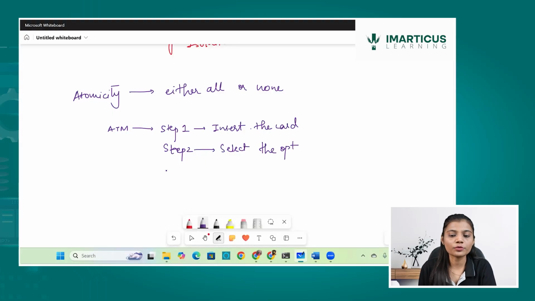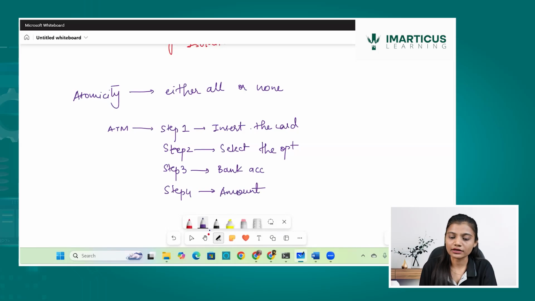So I selected the option of withdraw. Now step 3, it will ask you from current bank account or savings account, whatever it is. So bank account, it will ask. Let's say step 4 over here is asking me to insert the amount which I want to remove from my bank.